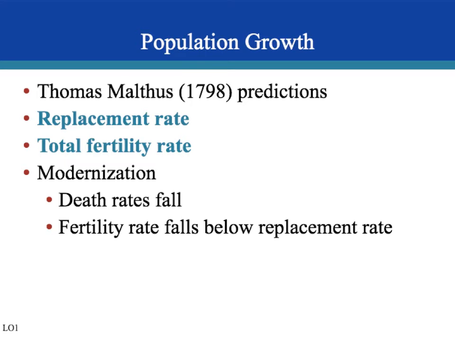And the reason it's above two is because, well, first, we look at two because two children are needed to replace two parents. And then point one because not all children make it to adulthood and are able to reproduce. They might not have kids, or they might die before they have a chance to have kids, unfortunately.